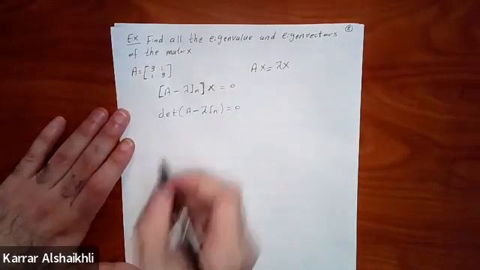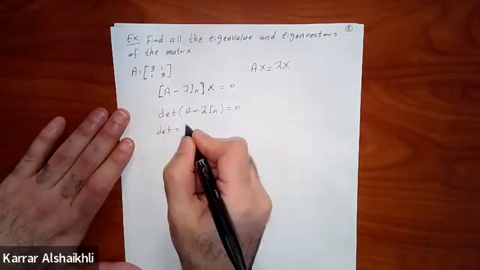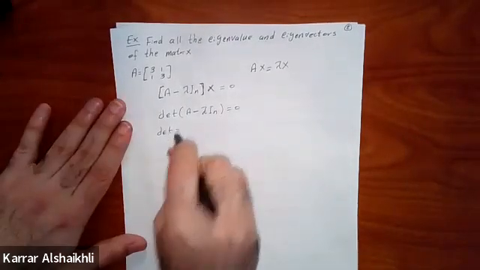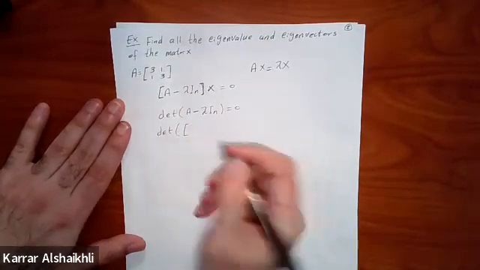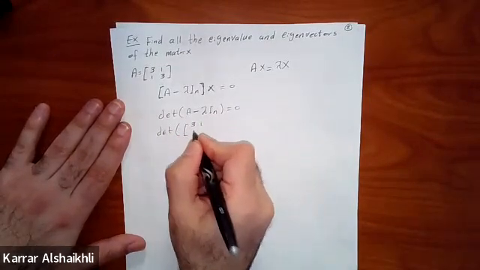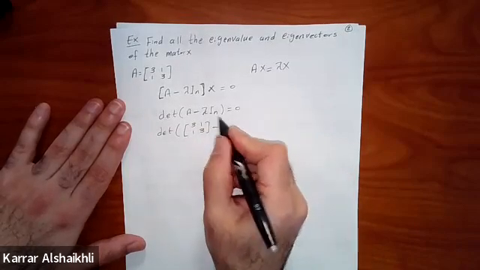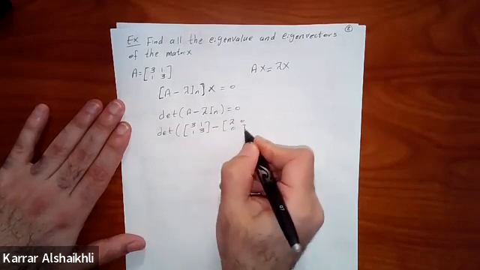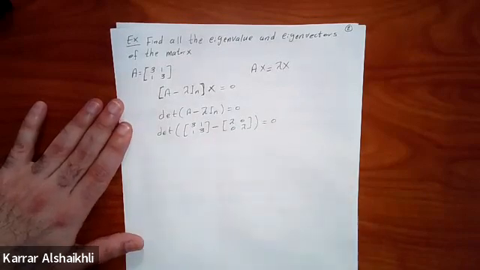Okay. Now let's plug in. The determinant of the matrix A, which is 3, 1, 1, 3, minus lambda times I, which is lambda, 0, 0, lambda, and everything equals 0.